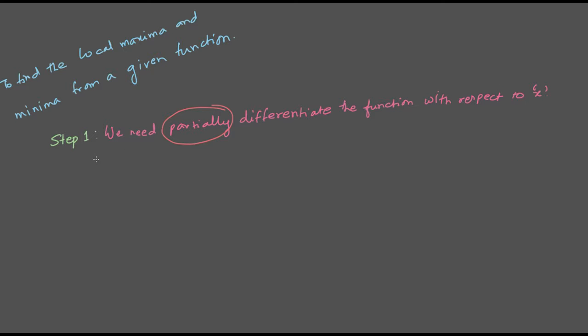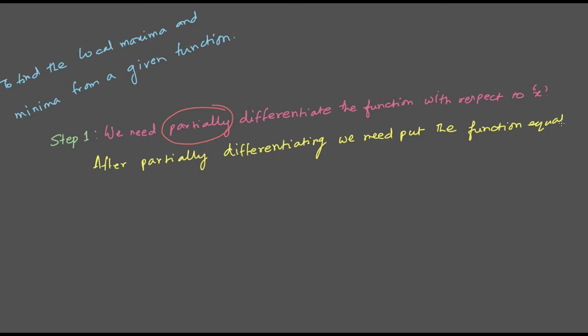Now, after partially differentiating, we need to put the function equal to 0. So after partially differentiating, we get an equation, and we need to put that equation equals to 0. Okay.